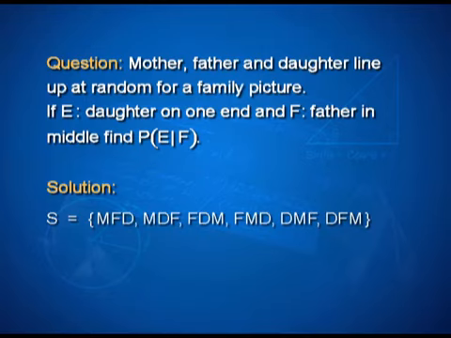Out of this, what are the cases where daughter appears on one end? Well, trivially, both are the cases. Daughter could be on the left or on the right side of father, and therefore, in this case you do not need any formula. It is a sure event.